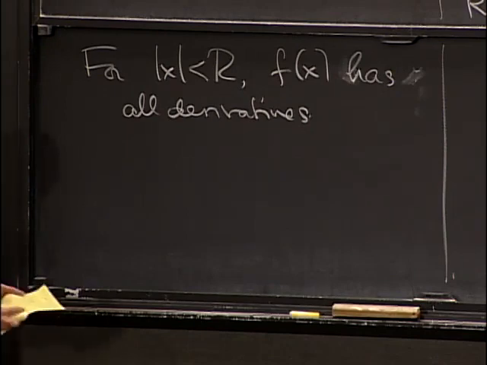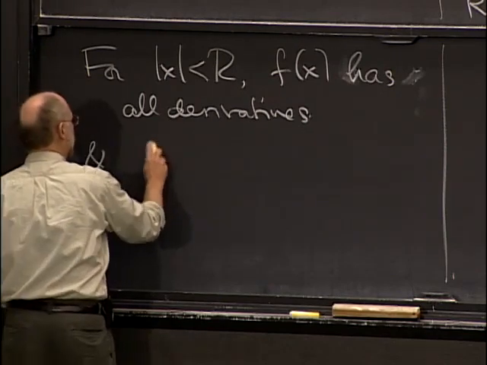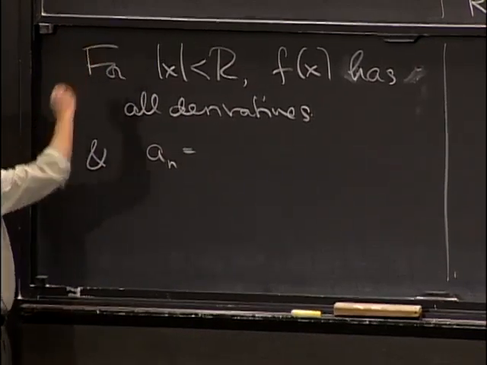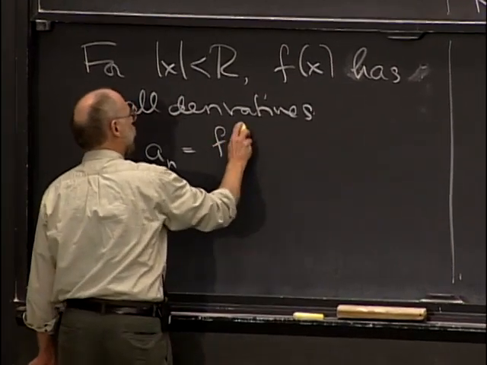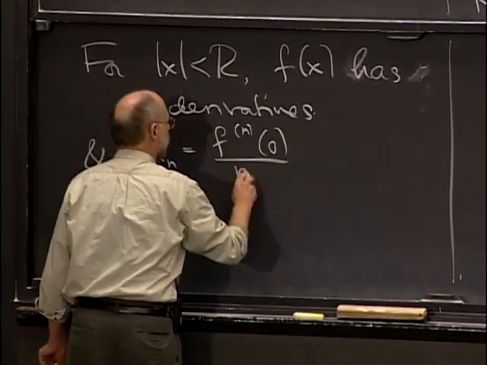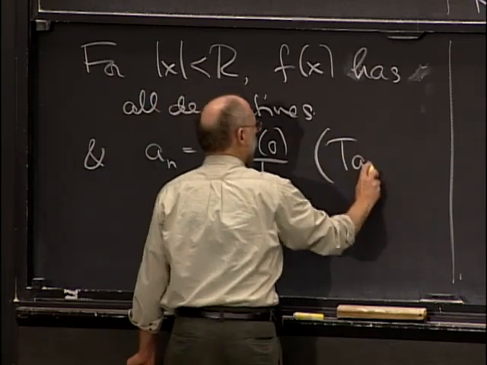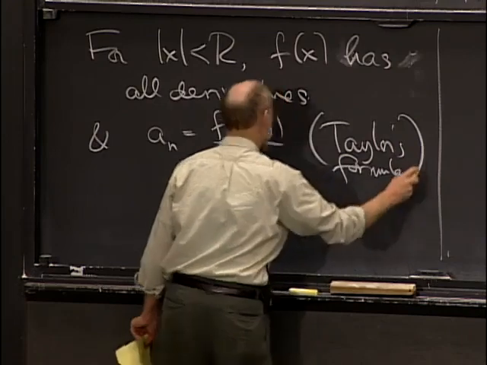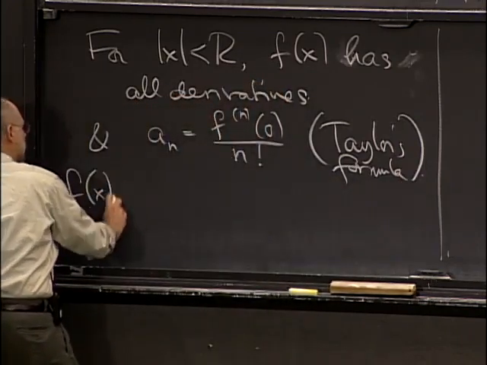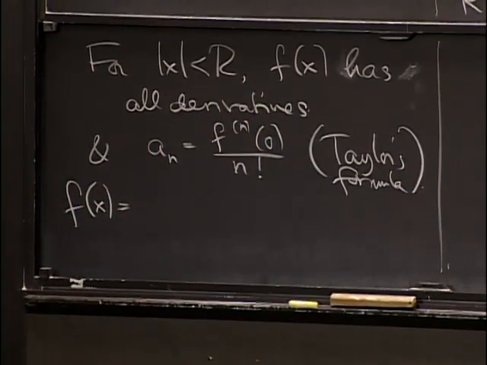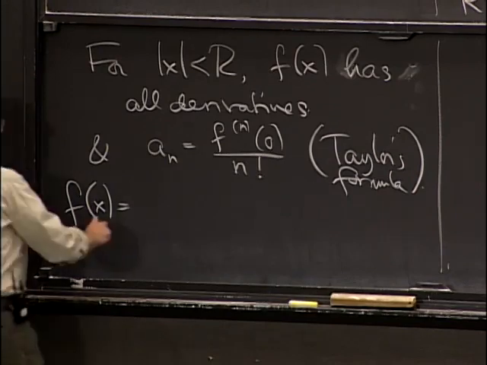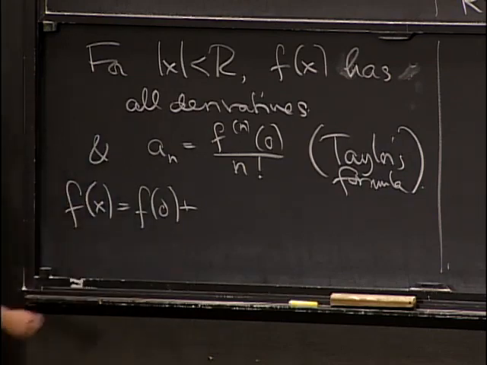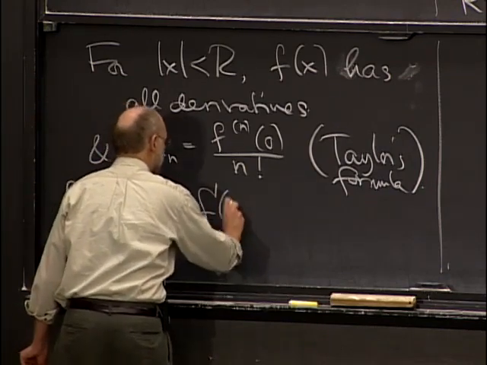And in terms of those derivatives, the number a sub n in the power series can be expressed in terms of the value of the derivative at 0. And this is called Taylor's formula. So I'm saying that inside of this radius of convergence, the function that we're looking at, this f of x, can be written as the value of the function at 0, that's a sub 0, plus the value of the derivative.